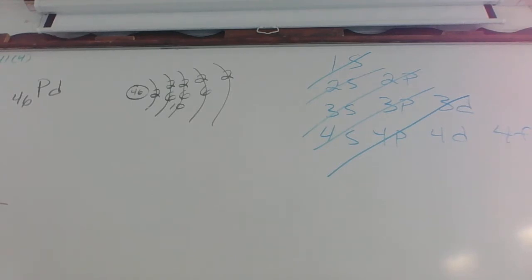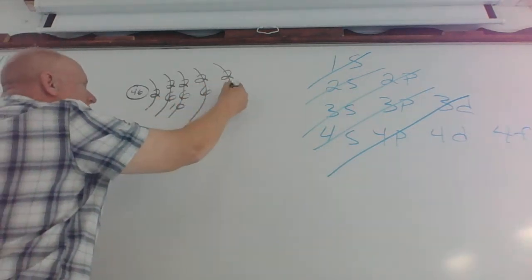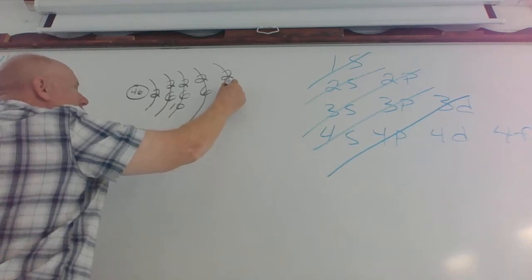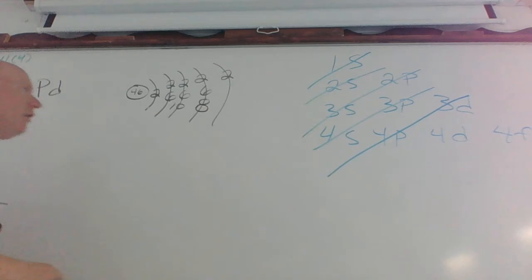Just in the D block only. So if this was already 38, we add 8 more to it, like you correctly said. 38 plus 8 gives you what? 46, and that's what we're shooting for.